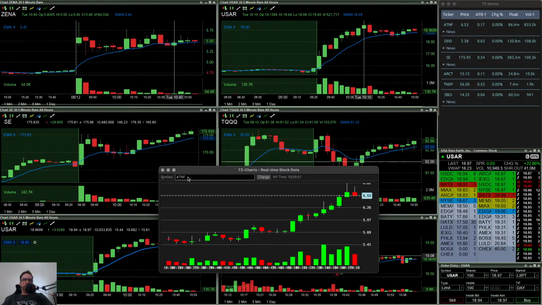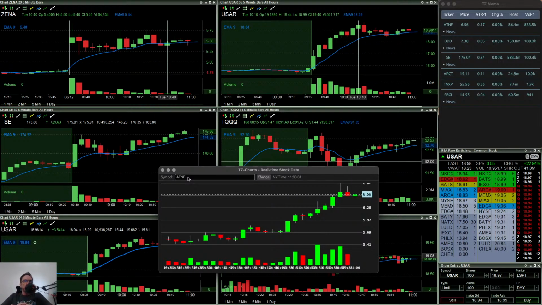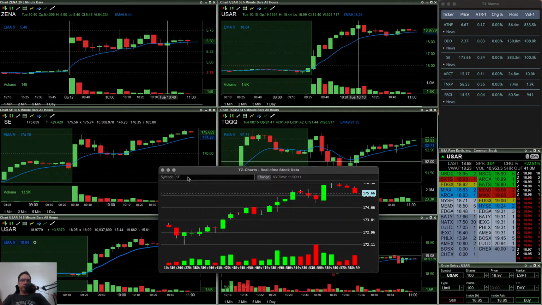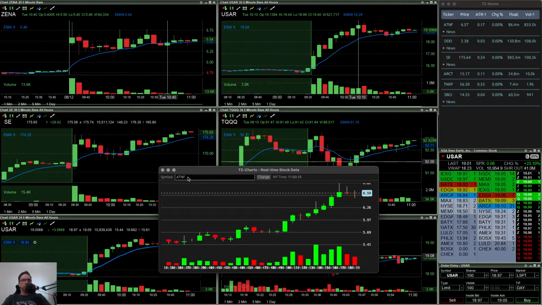It's not moving all that great. But as soon as it flips over, boom, volume's not working. However, if you come back here, you go to SE, you see how the volume's working real time there. If we hit tab and go back to ATNF, see how the volume's working? But it's not working when it flips over. Okay, now I got it.